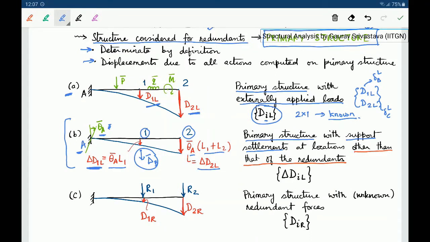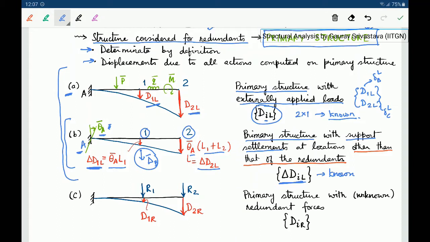This is coming from small deformation ideas and geometry, so this vector is also known. So in these two cases we have calculated the deflections due to applied loads and due to the applied joint displacements or rotations at locations which are not the locations for redundants.